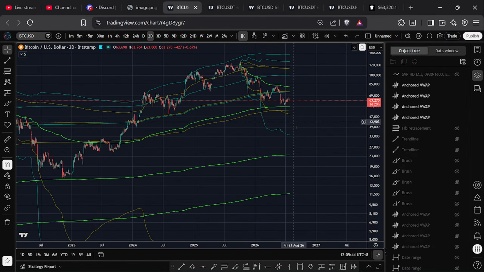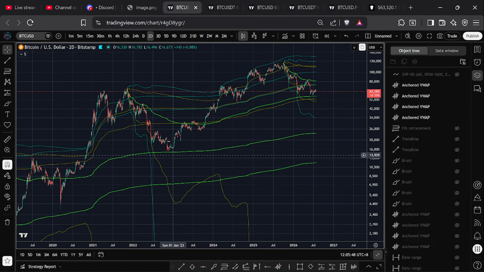So we need to see this drop right off, same as the blue, for it to say that the bottom is in or forming. You can have this, and then we had this Black Swan, FTX idiot selling all his customers' Bitcoin, and that crashed it down here. So normally that would have just been a normal bottom had he not been around.